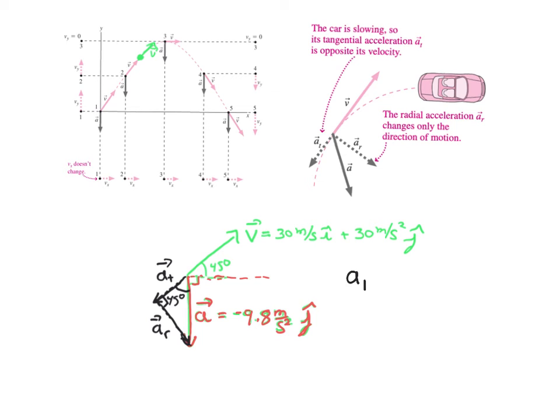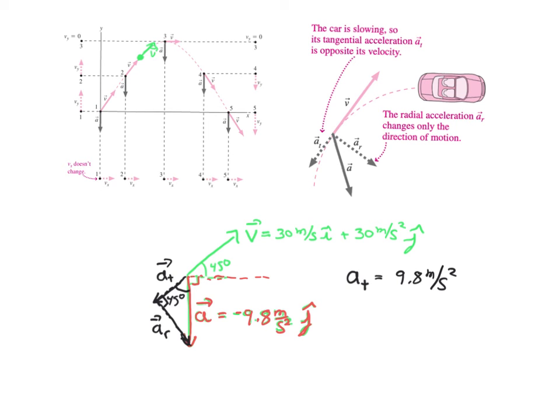The magnitude of the tangential acceleration is just the length of the hypotenuse of that triangle, which is 9.8 meters per second squared, times, and we see that this angle here is a 45-degree angle, right? Because this is 45, this is 90, at least 45 degrees left over here.